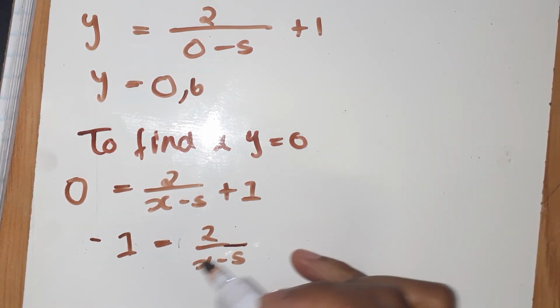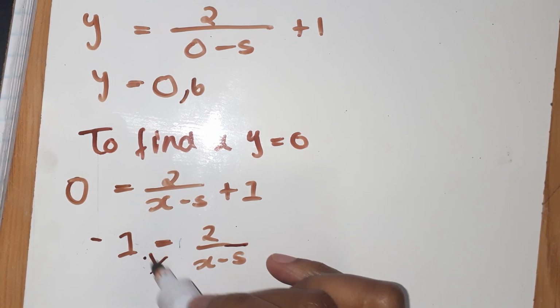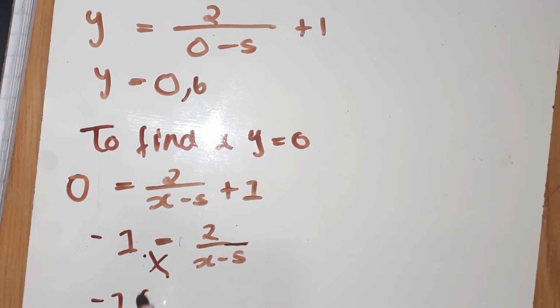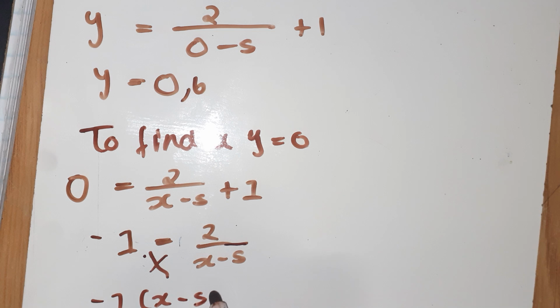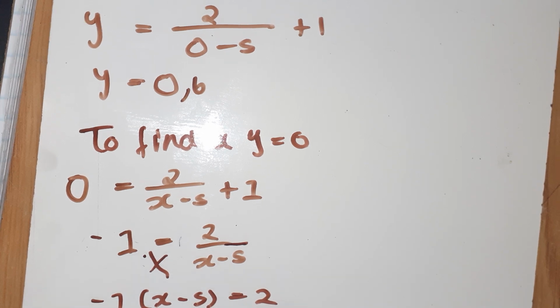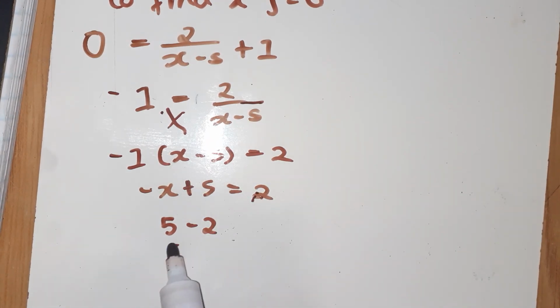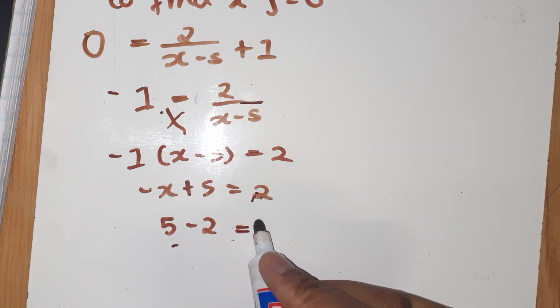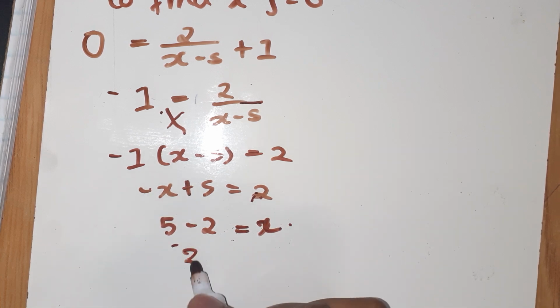And then you cross multiply, and then negative 1 will multiply x minus 5, and then it will be equal to 2. Negative 1 times x, that will be negative x. And then negative 1 times negative 5, that will be plus 5, equals 2. So we'll have 5 minus 2. This 2 will come this side to be minus 2, x will come this side to be positive, and then 3 equals x.